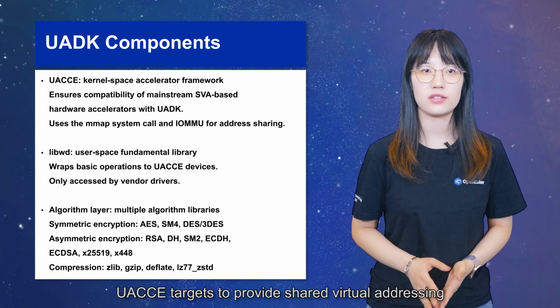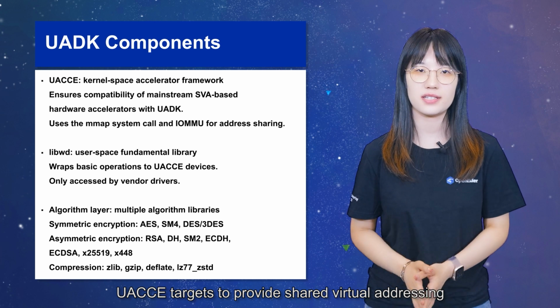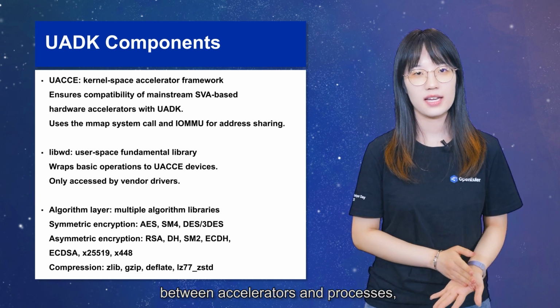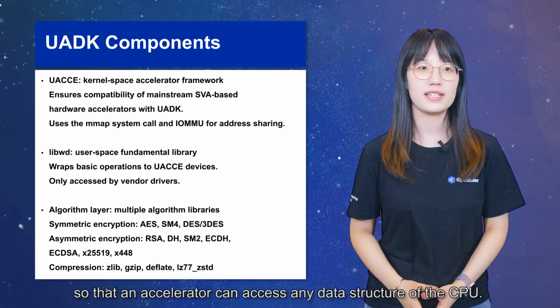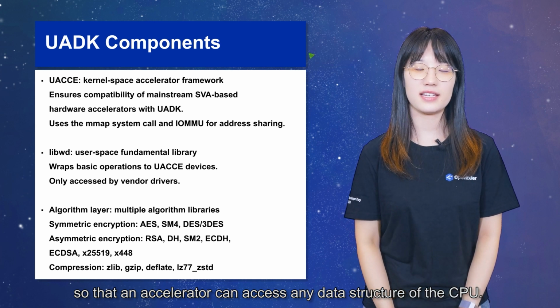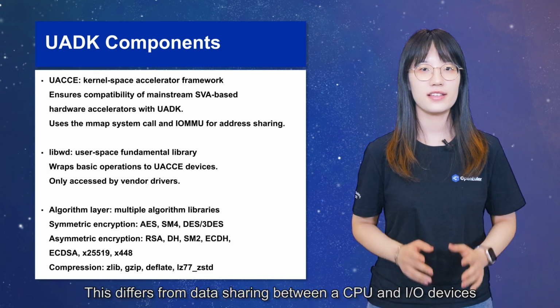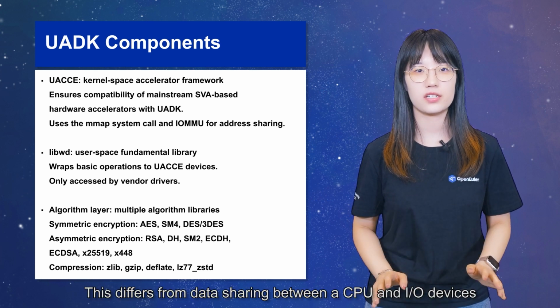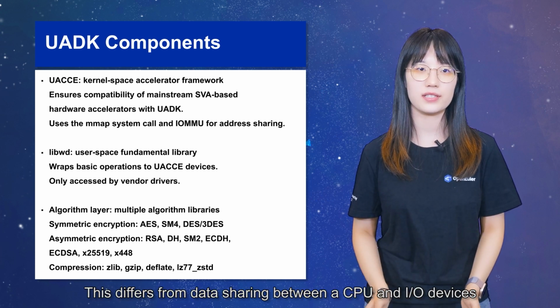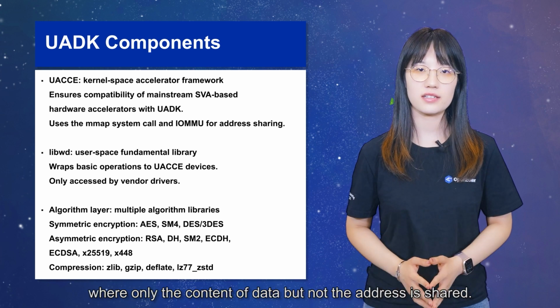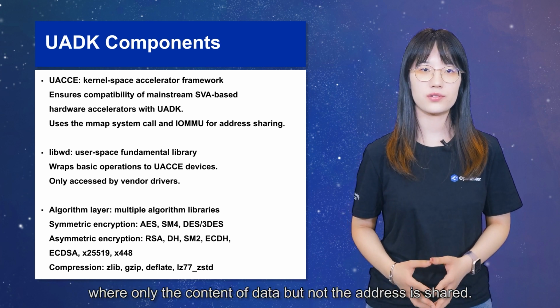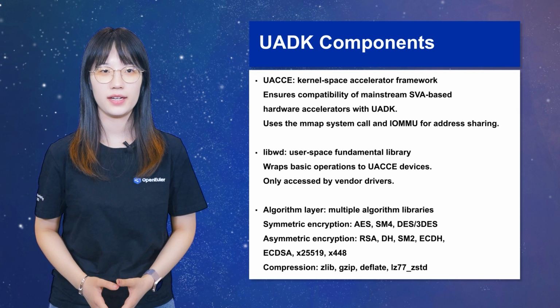UACCE targets to provide shared virtual addressing between accelerators and processors, so that an accelerator can access any data structure of the CPU. This differs from data sharing between the CPU and I/O devices, where only the content of data, but not the address, is shared.